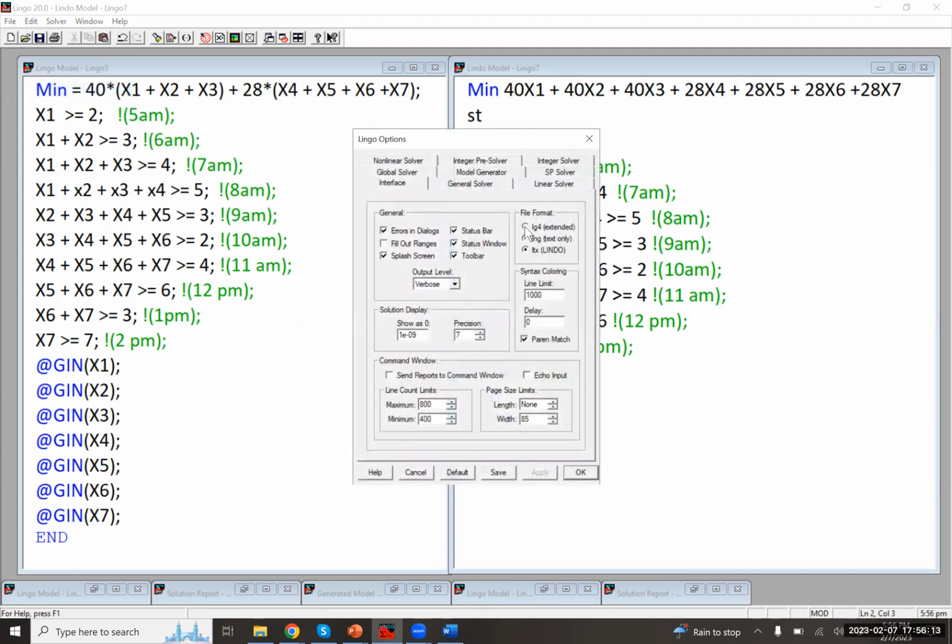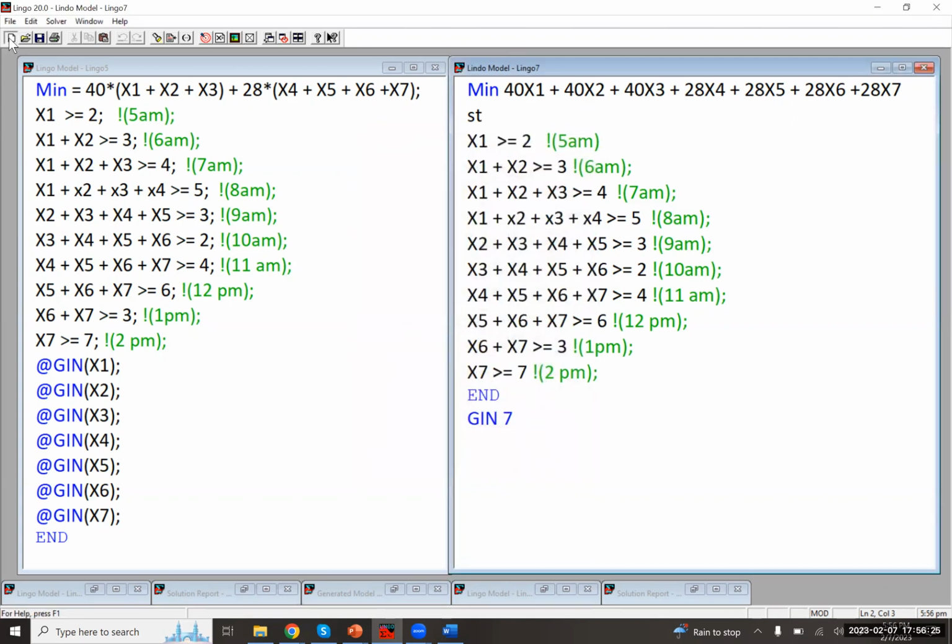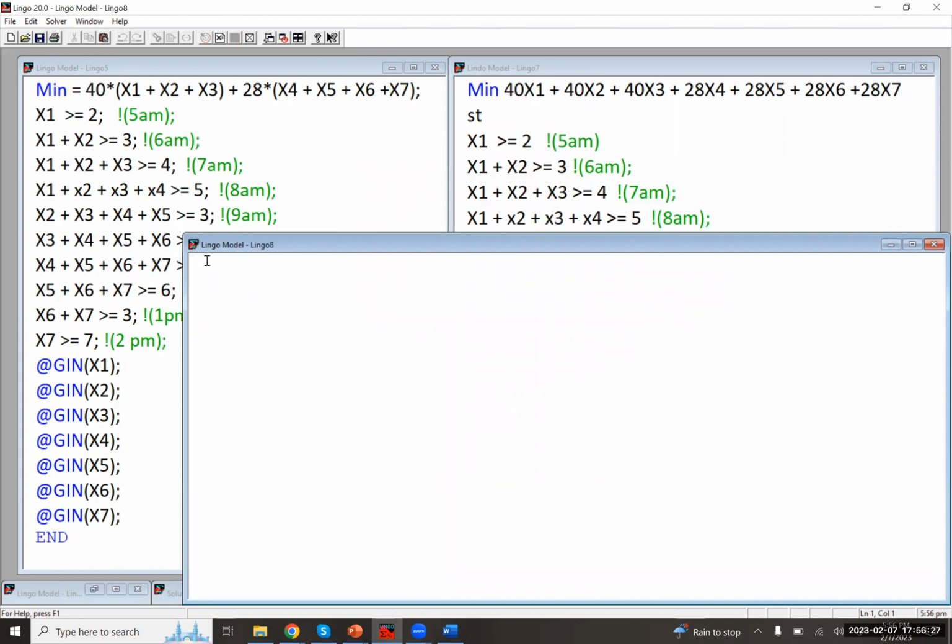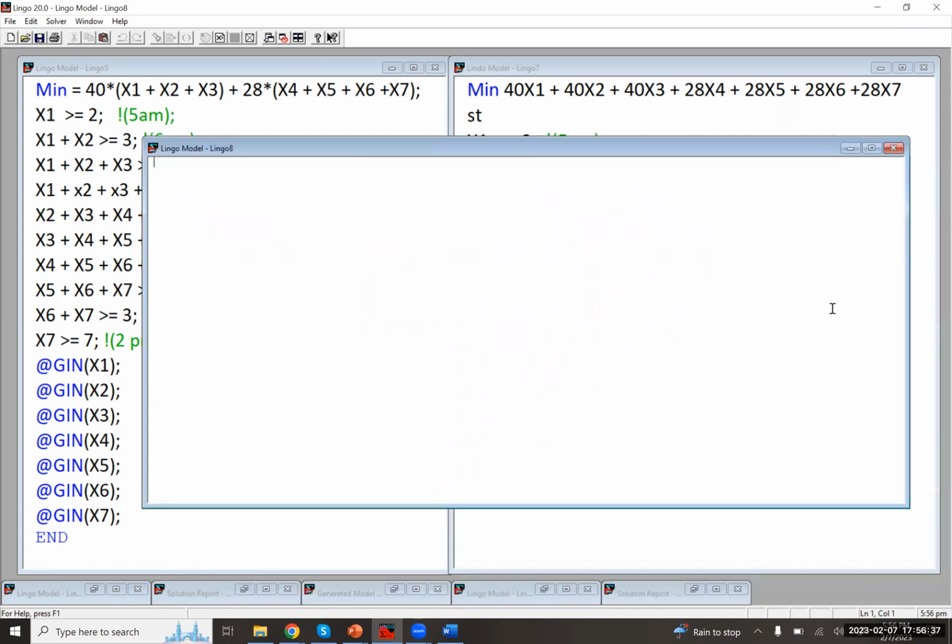And then this time we are going to choose LG4, parenthesis, extended. Okay. Apply, save, okay. And then open the new window. Now we should be able to use LINGO in this new window, because it does say LINGO model, right? So let's do that.